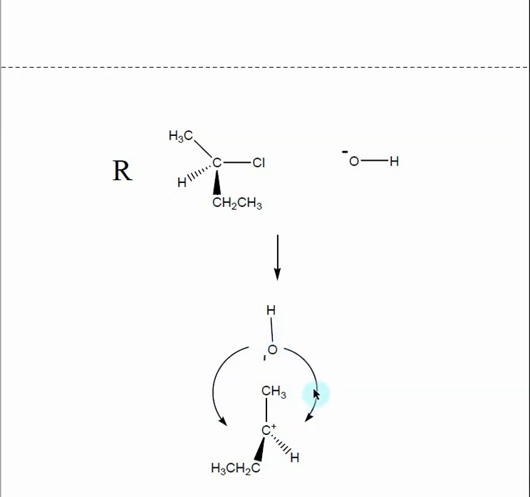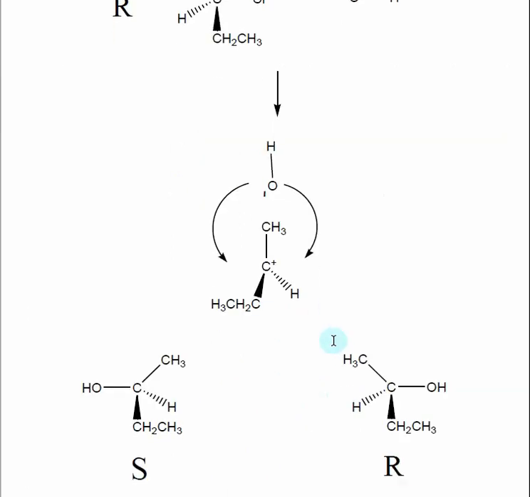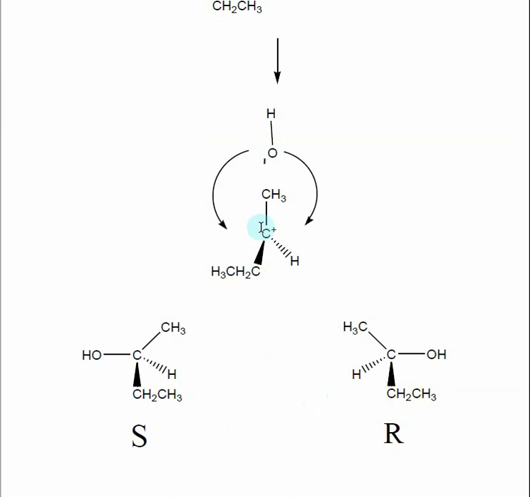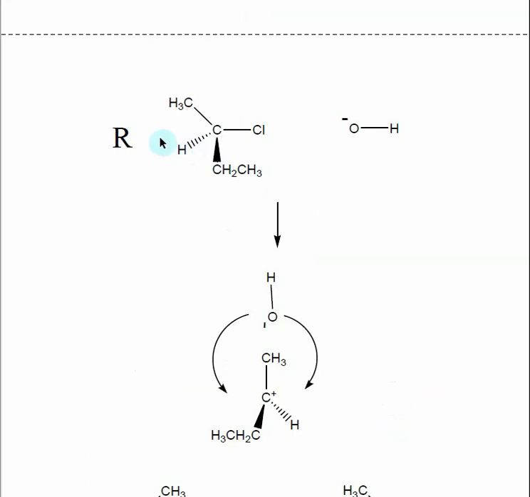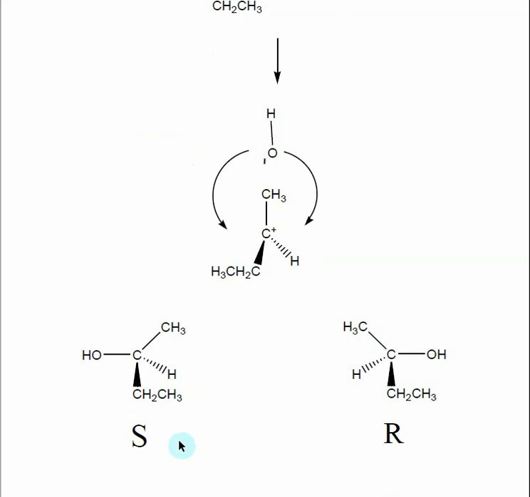There's really no difference. Depending on which side it goes, if it attacks on this side, the OH is going to the left and we form the S enantiomer. If it attacks to the right, the OH is going to the right, and we form an R enantiomer. That's what we mean by losing stereochemical control. It doesn't matter if I start with 100% R or 100% S, I'm going to end up making a racemic mixture of R and S because we lose the stereocenter.